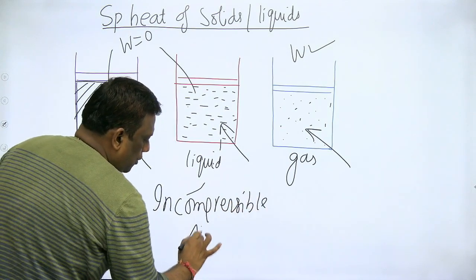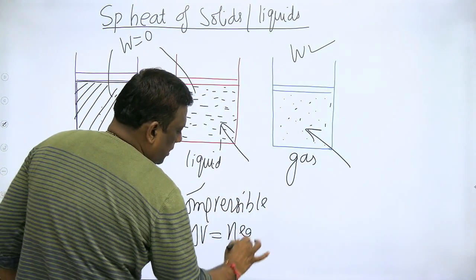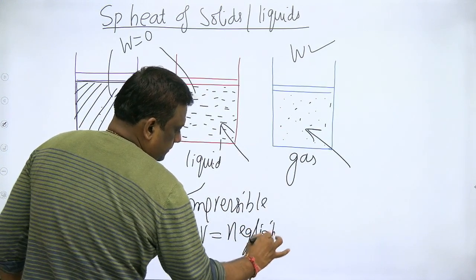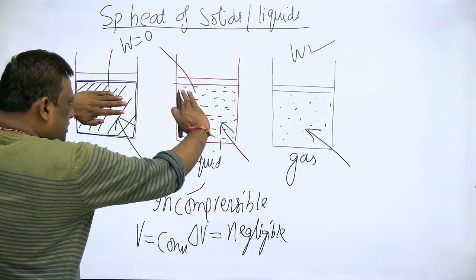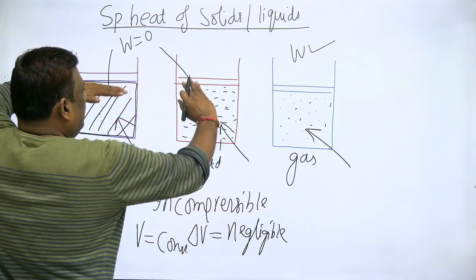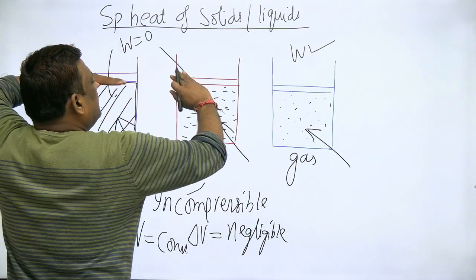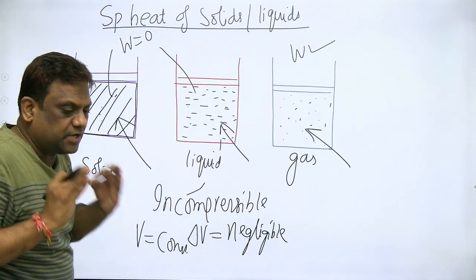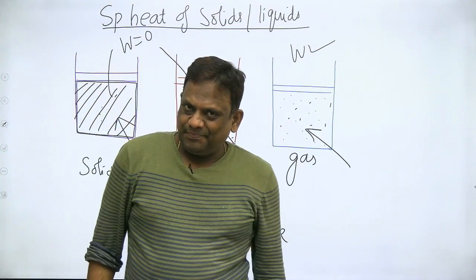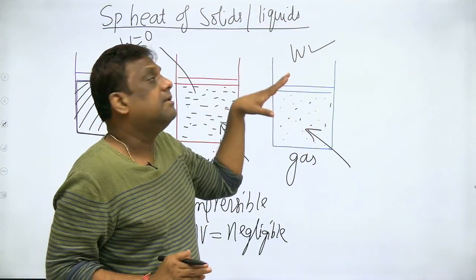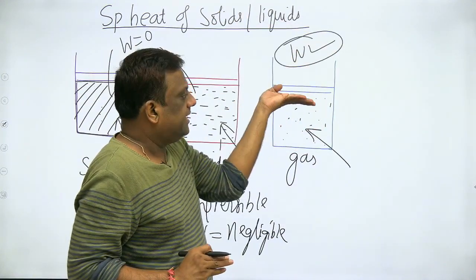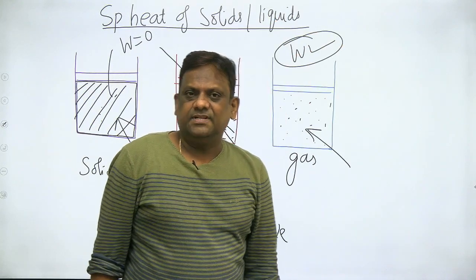The change in volume is negligible or zero. The volume is constant. But as the volume is constant, the movement of the piston is almost zero. But here when you are heating, it will move to a greater degree. There is a large amount of work involved in raising the piston here. But here it is negligible.